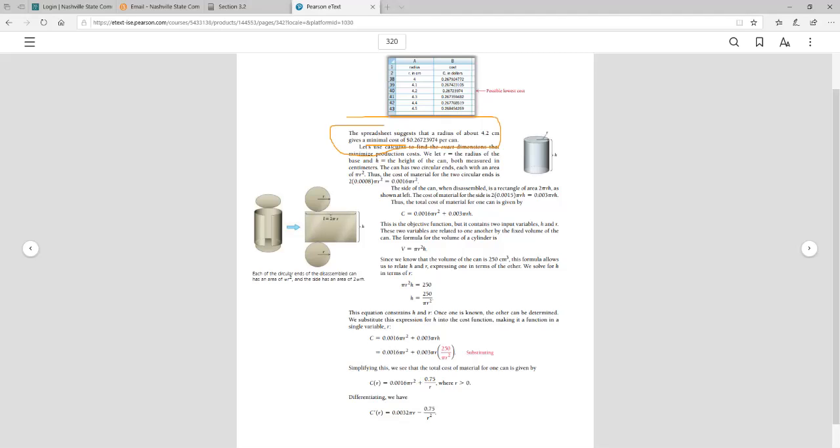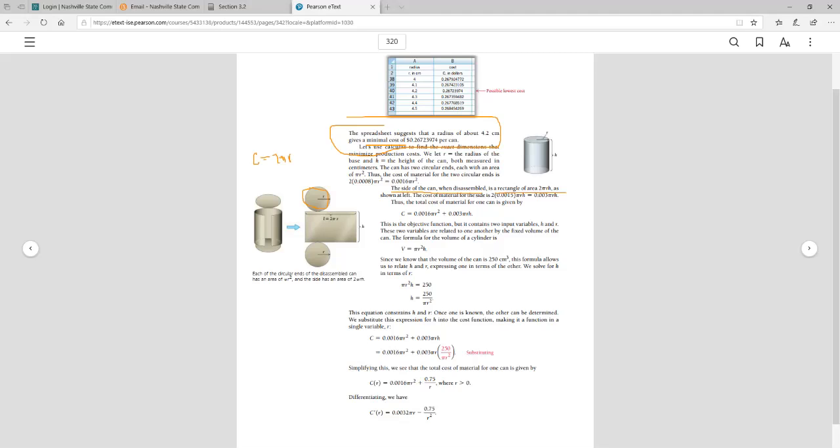If we look at the given information, it says the side of the can when disassembled is a rectangle of area 2 pi RH. Why is that? Well, the distance around a circle is called the circumference, and the circumference is 2 pi r. You could also use pi times the diameter because 2r is equal to d.